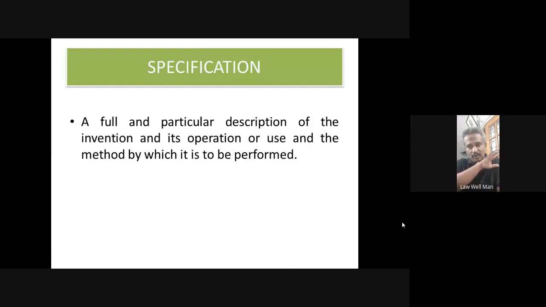You may have to describe the operation of that, or even operation and use of it, and the method by which it is performed, and how it is performed. So you'll have to describe the device if it is relating to a device, mechanical device. Then how does it operate? What is the use of that? And what's the process of operationalizing it? What's the process of working with that? So a complete understanding of that, a comprehensive understanding of that should be provided in the specification.